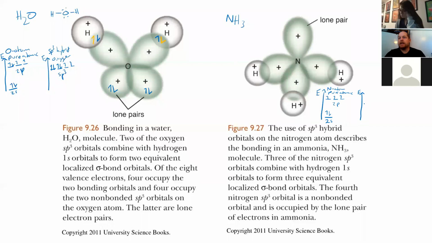And so what happens here is those orbitals combine to give you an sp3 hybrid nitrogen atom. And this sp3 hybrid nitrogen atom, you just fill it with the electrons. There are 5 valence electrons in nitrogen. And so you can look at the lone pair of electrons occupying the orbital up top, and each of these other orbitals having an electron from the nitrogen and 1 electron from the hydrogen.